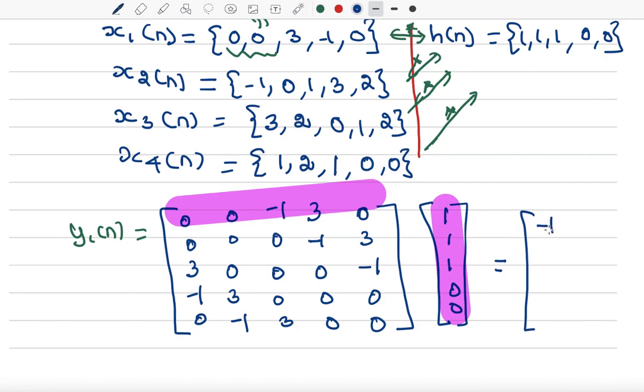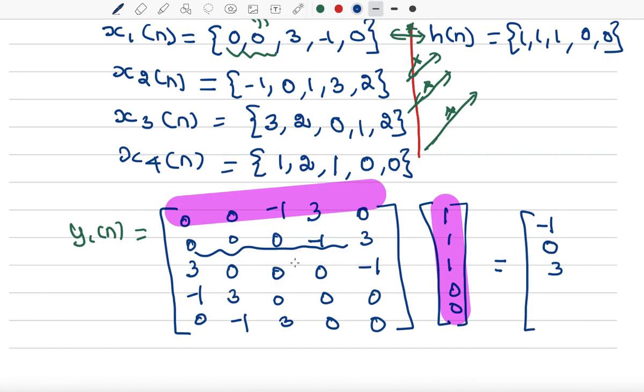Similarly, in the next step, second row into the same column, 0 into 1 plus 0 into 1 plus 0 into 1 minus 1 into 0 plus 3 into 0, that is 0. Okay, then the third row, 3 into 1, that is 3 plus 0, 0, 0, 0. So that is 3.